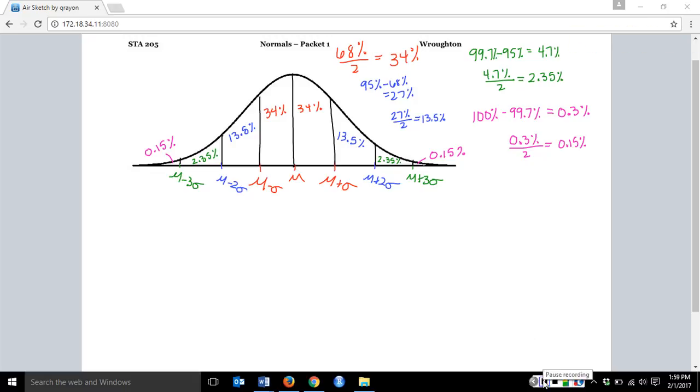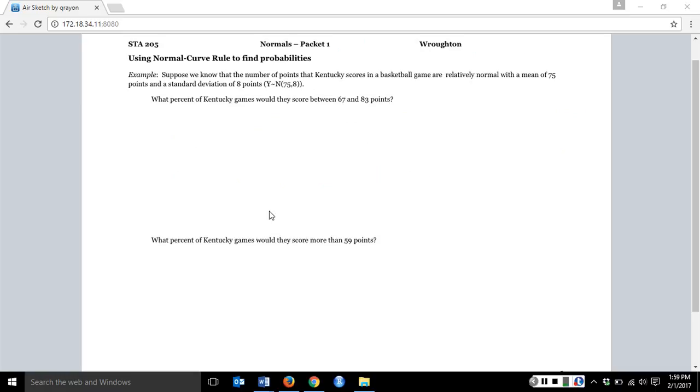Alright, so far we've only been using these symbols of mu and sigma, so let's talk about how this rule would actually apply to a problem. So for our example, we know that the number of points that Kentucky scores in a basketball game is relatively normal, with a mean of 75 points and a standard deviation of 8 points. And actually the first thing you'll see that I did here was a little bit of shorthand notation. So let's break this little thing down.